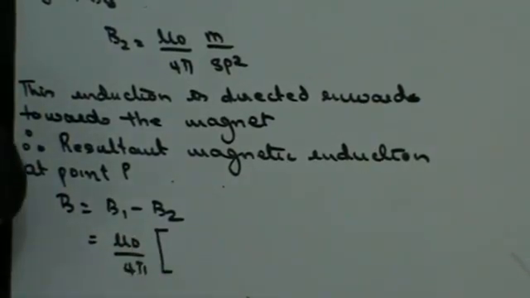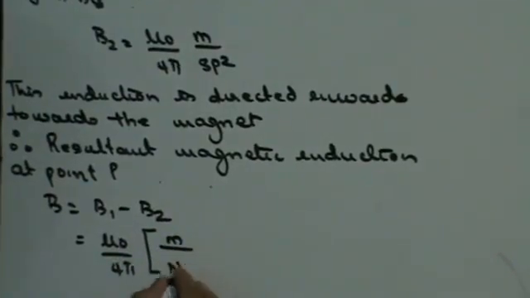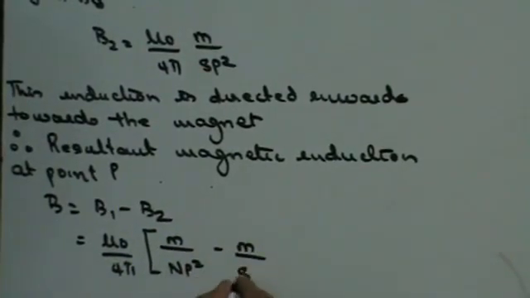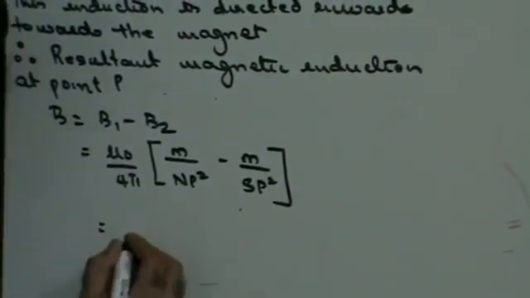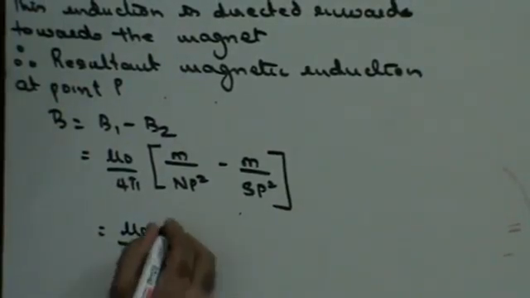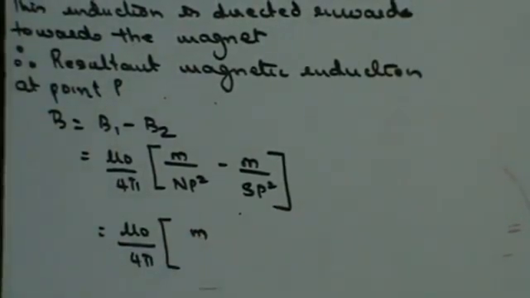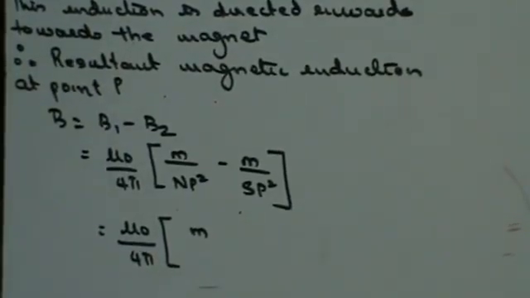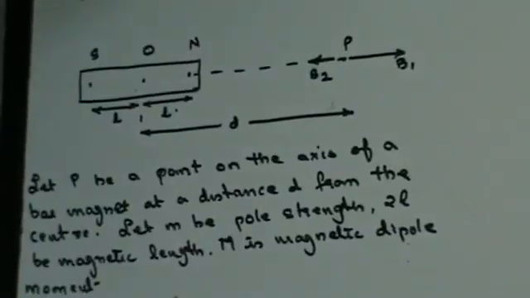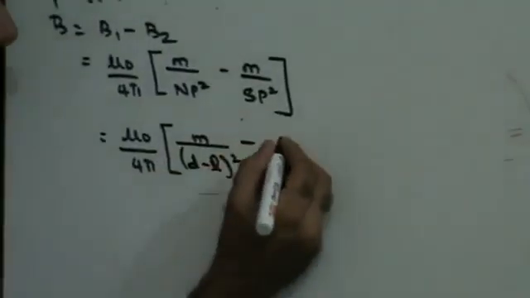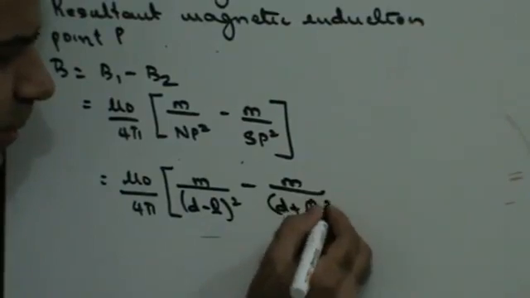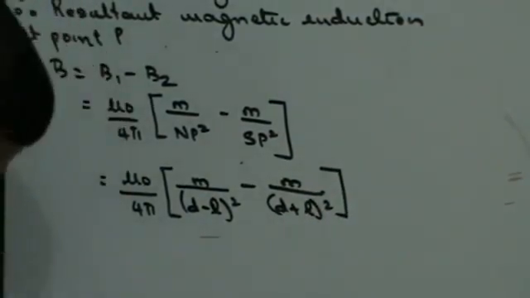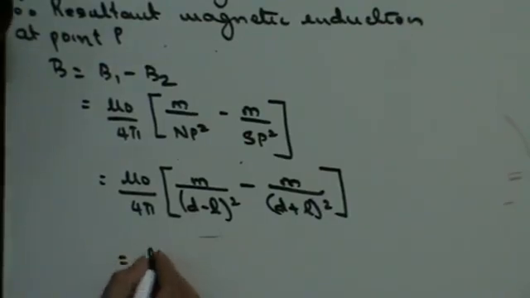I can take mu 0 upon 4 pi m common, so this will be m upon NP square minus m upon SP square. If you look at the diagram, NP is going to be d minus l, so NP square is d minus l the whole square, and SP is d plus l, so SP square is d plus l the whole square.